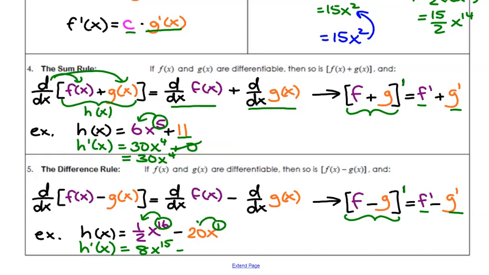Let's do the power rule. 20 times 1 is 20. X to the power of 1 less than the exponent would be 0. So I don't really want to leave it with an x to the power of 0 because we know that that's equal to 1. I would go one step farther and I would say 20 times the 1 is just 20. So I'm going to leave it just like that.